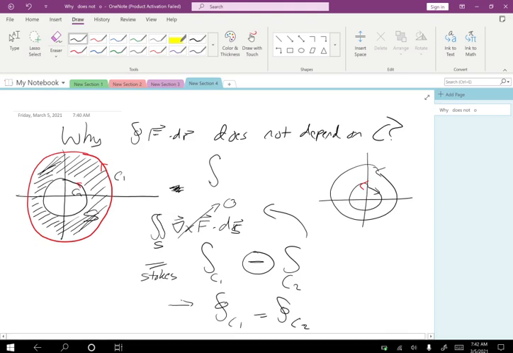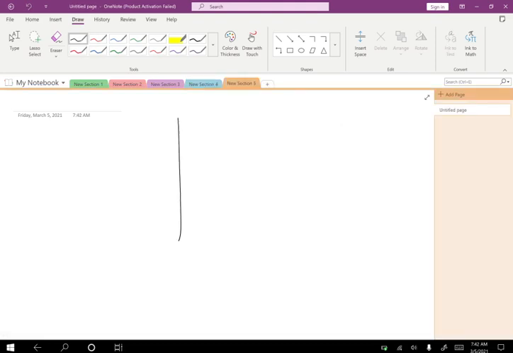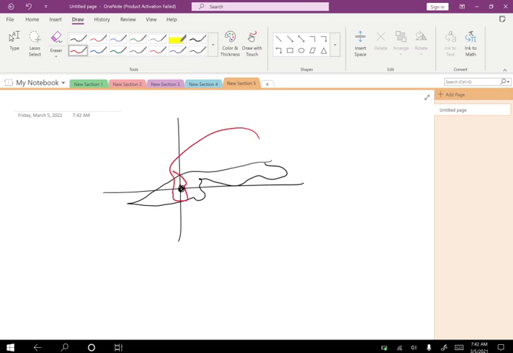Intuitively, what that's saying is you can deform the curve as long as it doesn't hit the origin. You can do anything you want to this curve as long as it doesn't hit that 0. That 0 is sort of like an anchor.